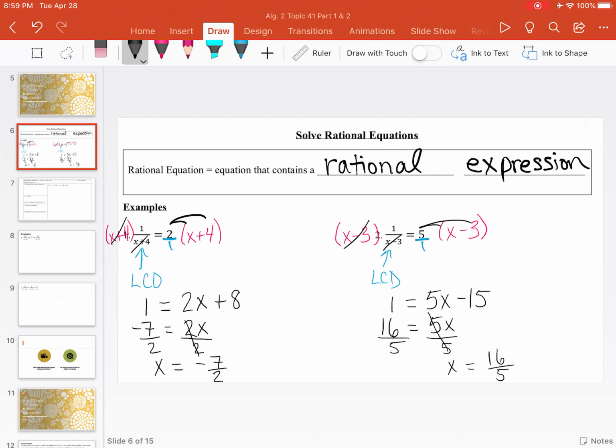It would be all real numbers except x can't equal such and such. But in this case, we actually have values for x. We're going to take a look in the next example and identify something called extraneous solutions, which could twist what our answer could or could not be.